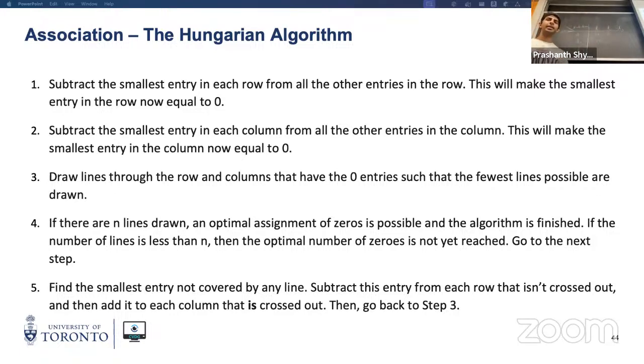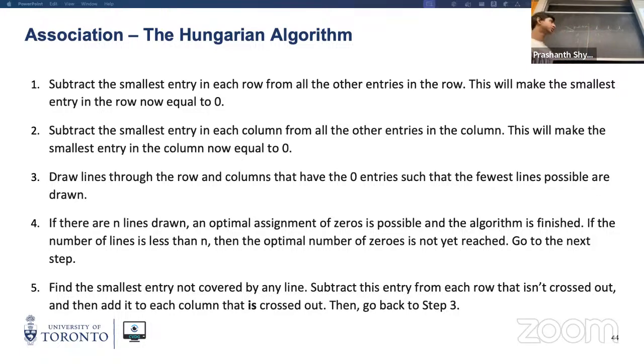So the algorithm used in the paper is the Hungarian algorithm. Essentially, this problem can be told as a graph theory problem, where we have nodes T1, T2, T3, and T1, T2, T3, and it can be thought of as a bipartite graph.